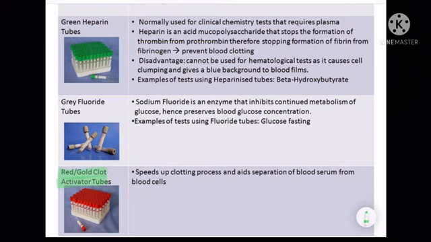So there will be coagulation of the blood cells, so they easily separate from the plasma, and after that we can take the serum for the serological studies. So it speeds up the clotting process and aids separation of blood serum from the blood cells, so it will be easy for us to do the serological examinations.